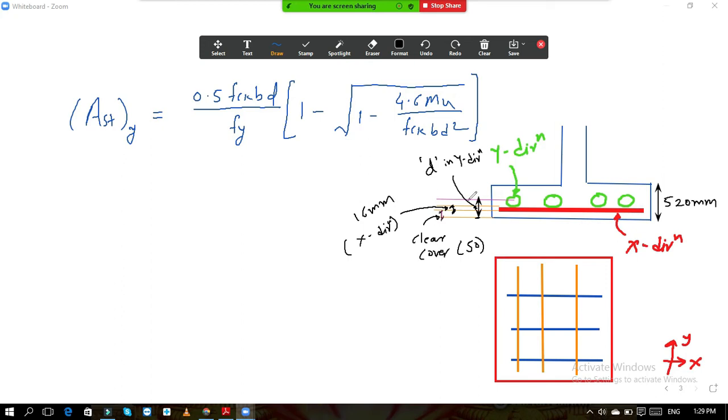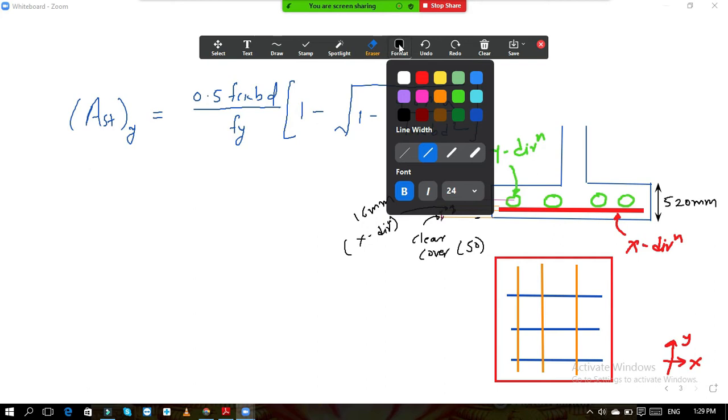So now how will we calculate the depth d in y direction? That depth is nothing but, sorry, here, from top up to this point.